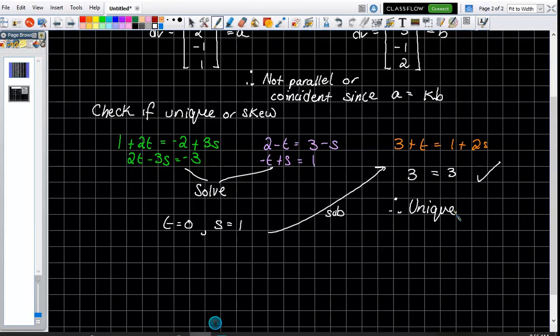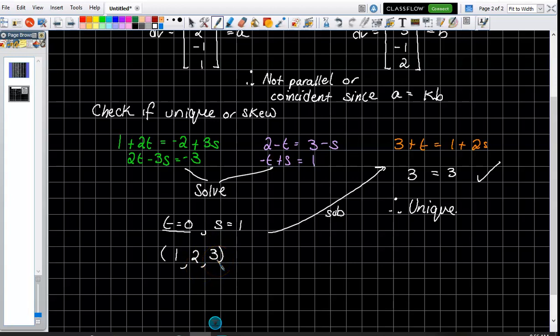So now we've got our t and our s, so we can sub it into either one of these to get our x, y, and z value. When t is 0, that's going to be the easiest one. So our unique solution will be 1, 2, 3.